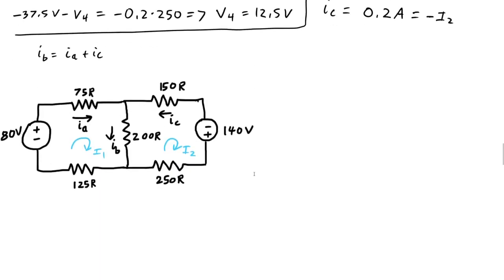So anyway, first thing I'm going to do is a KVL for I1, and we're going to start right here. Doesn't matter where I start, but I'm going to start here. Actually, I'm going to start up here just to show you that it doesn't matter.